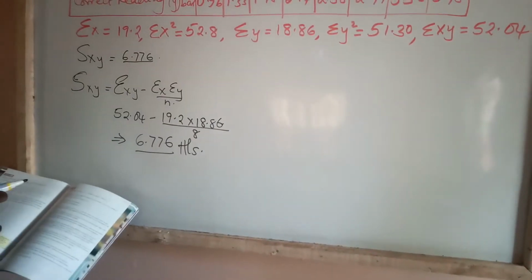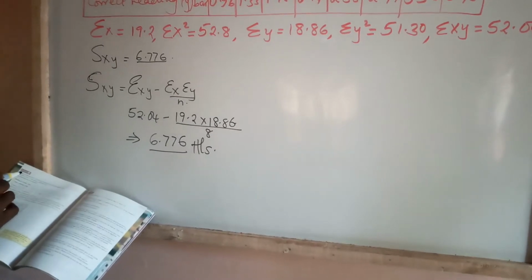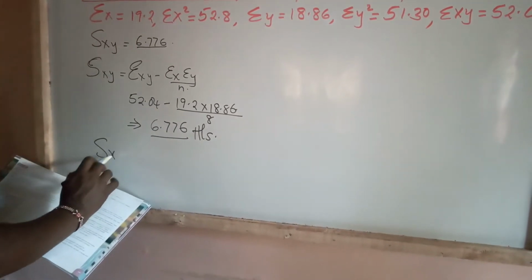That is the first part, and the second part of A is to find SXX.